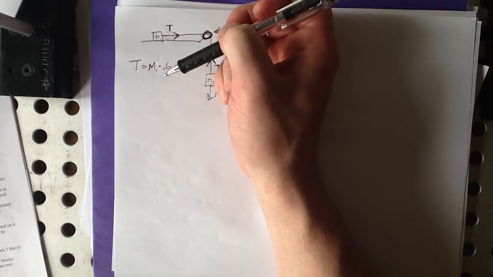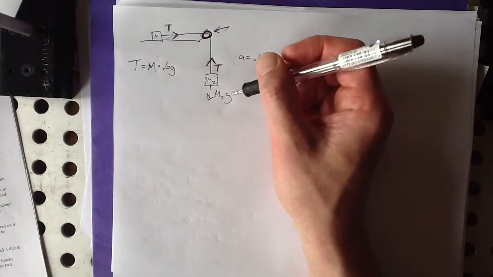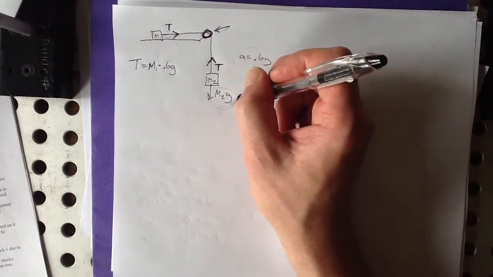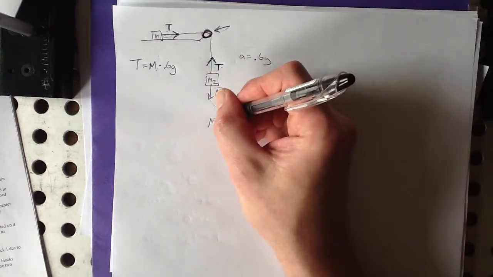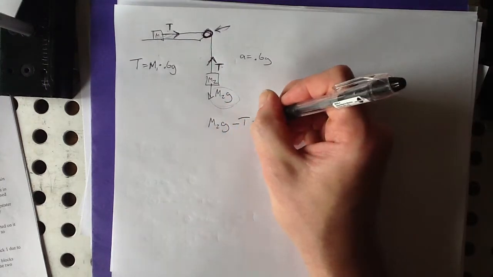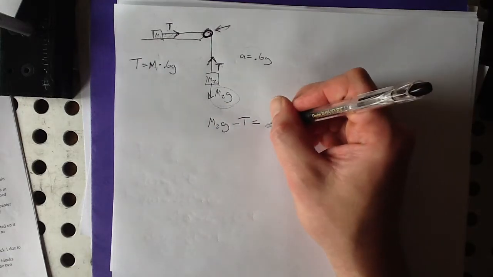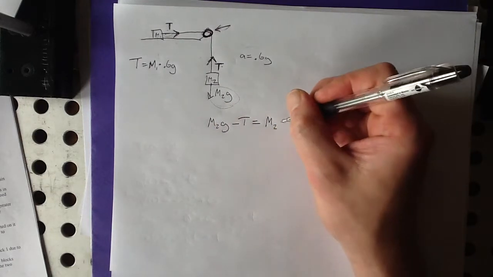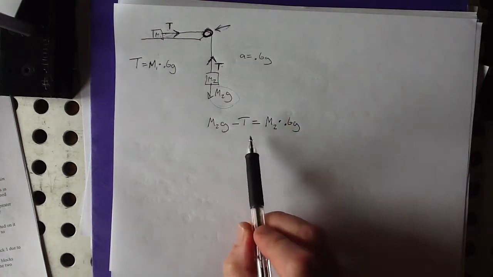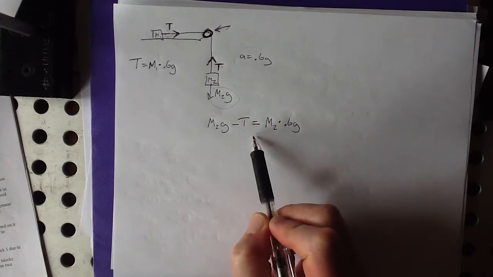All of the answer choices are in terms of M2, so I think I'm going to have to do something with this one too. The net force on this one, it is accelerating downward, so this force is bigger than the tension. So M2g minus T, that's net force, equals mass M2 times acceleration. And this looks like an equation where I can solve for T in terms of M2 and g. That's what the answers look like.